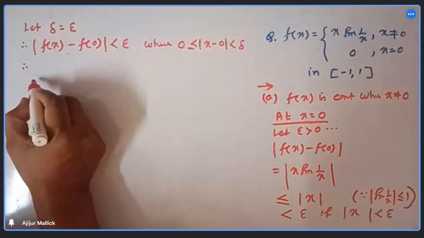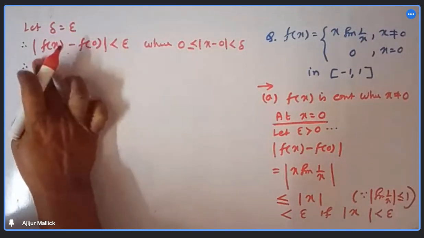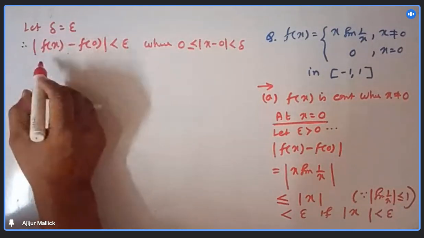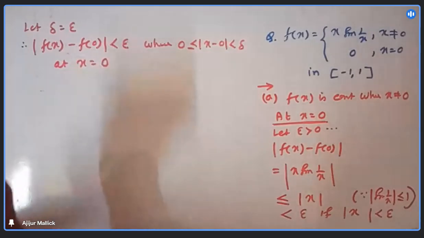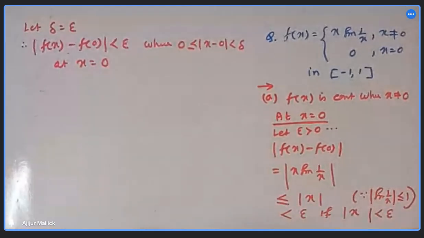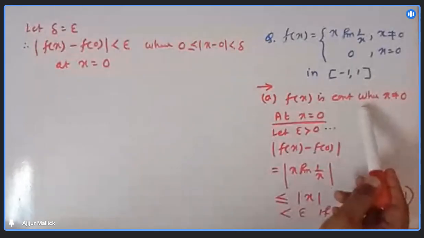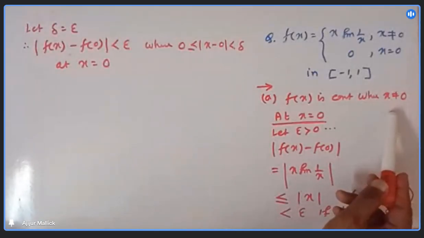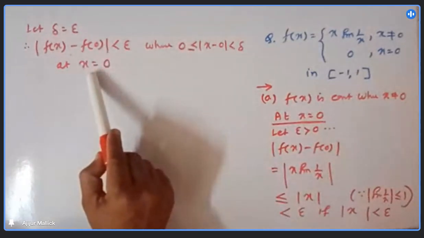Therefore, f(x) is continuous at x equal to 0. Here we have shown f(x) is continuous when x is not equal to 0, and we are getting it is continuous at x equal to 0.